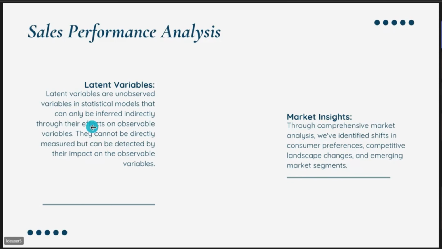Things which you don't think are going to be readily used are unobserved values. Here they are called latent variables, meaning they are not directly visible from a model, and you can only infer them based on the effect they have.